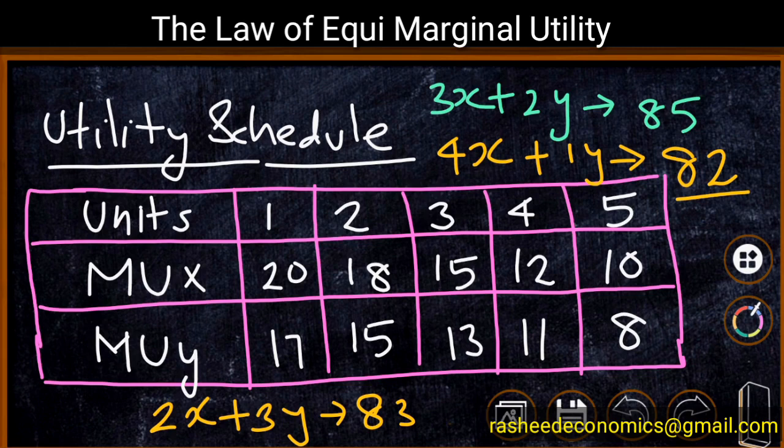Therefore, all other possible combinations provide the consumer a lesser amount of utility than the consumer equilibrium point. Thus, it is clear that the marginal utility of X is equal to the marginal utility of Y, and the consumer is in equilibrium. Therefore, the consumer equilibrium point is a point where MUX is equal to MUY.